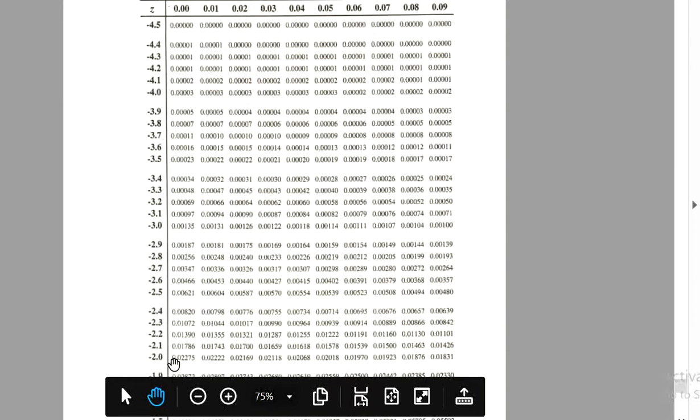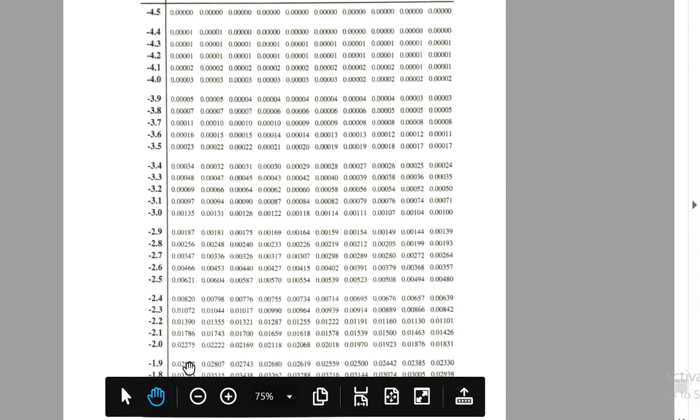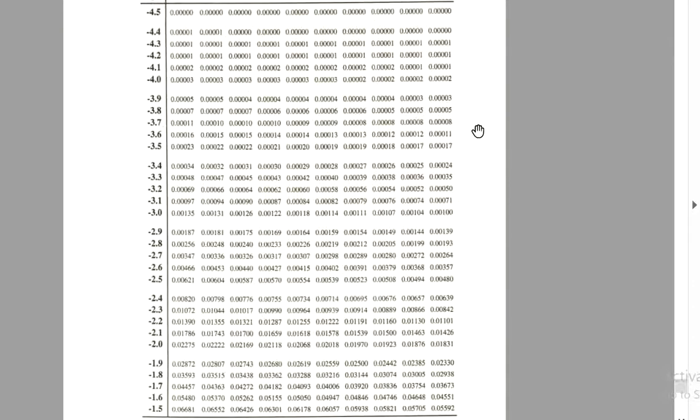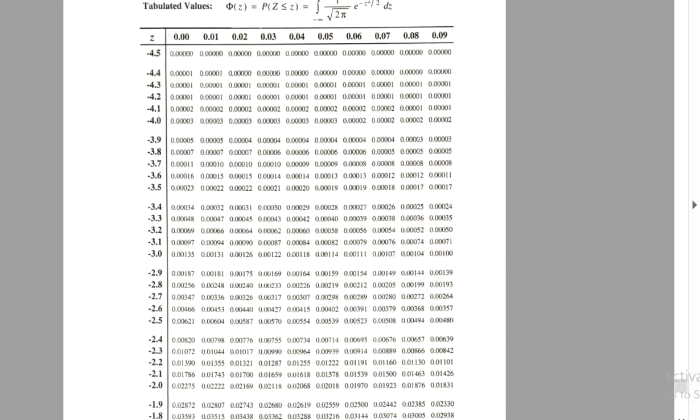This is minus 1.9, and this is the sixth column. Yes, this is the sixth column. It is 0.02500.